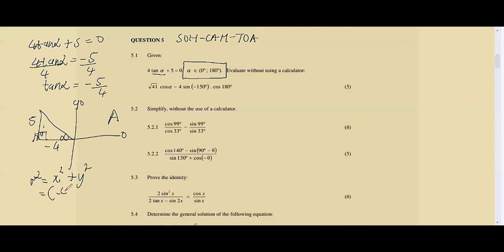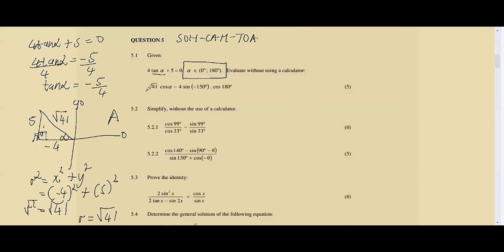So this is negative 4 squared plus 5 squared. This will give us 41. If we take the square root of both sides, our r is root 41. So let's put our root 41 there. Now we have filled in the diagram.